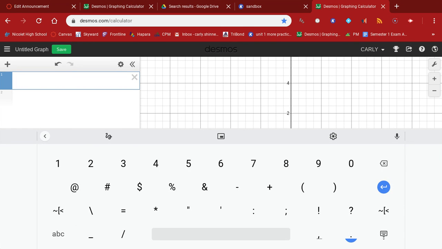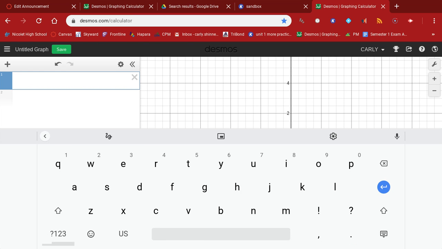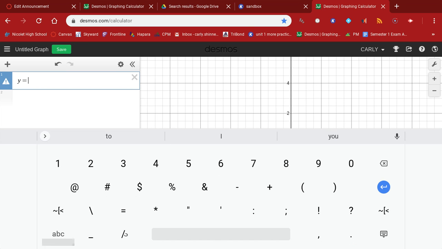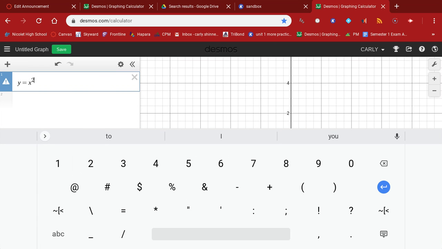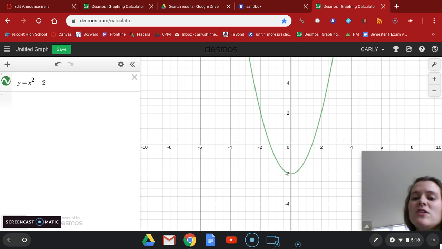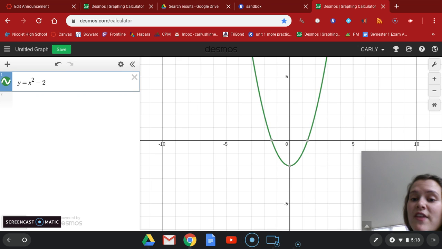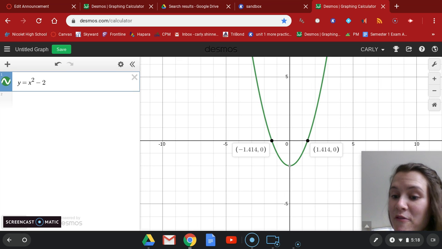So I can just type in y equals x squared, and then make sure you come back down on the ground, minus 2, right? That was my quadratic. So we can see here, guys, if I just click on the x-intercepts, I get 1.41 and negative 1.41. So we know we got it right, all right?